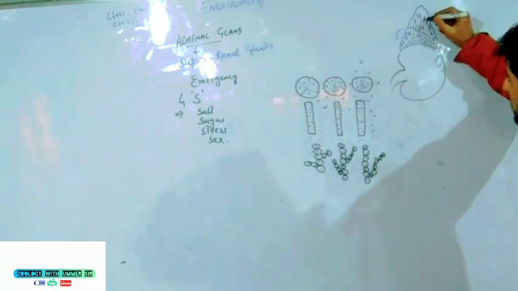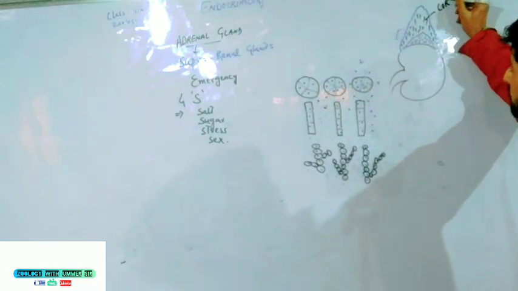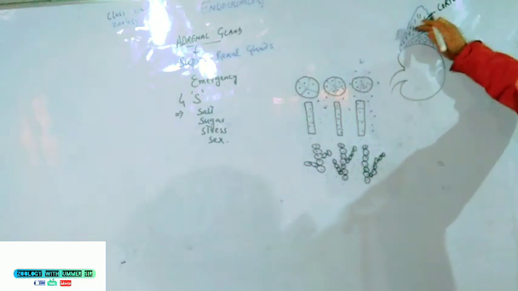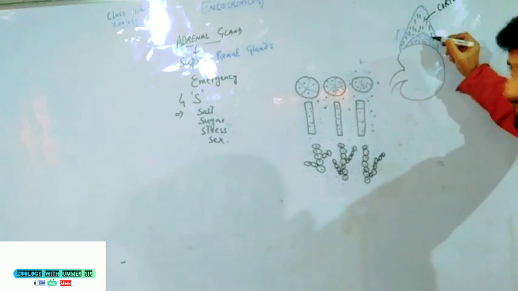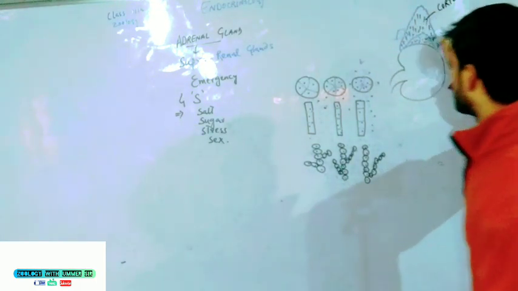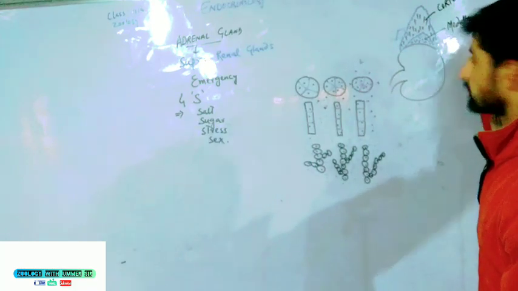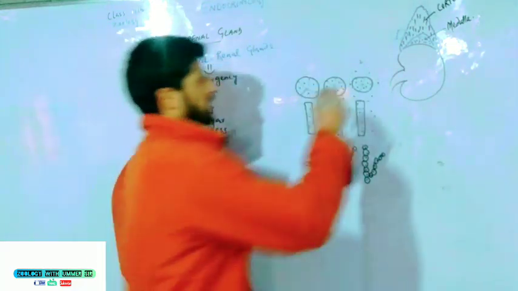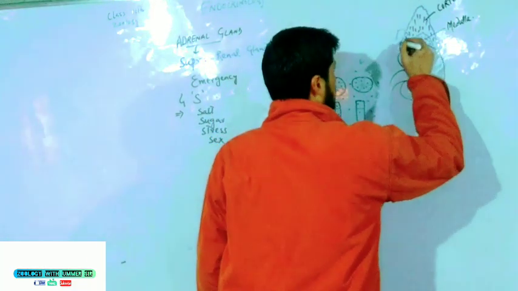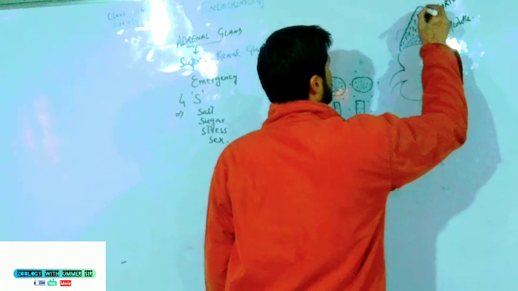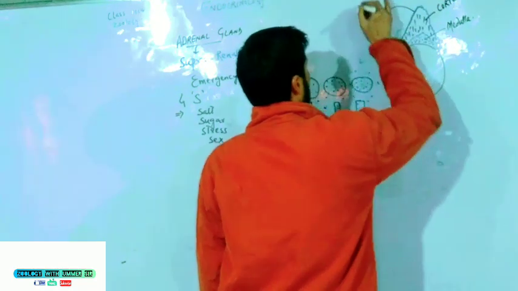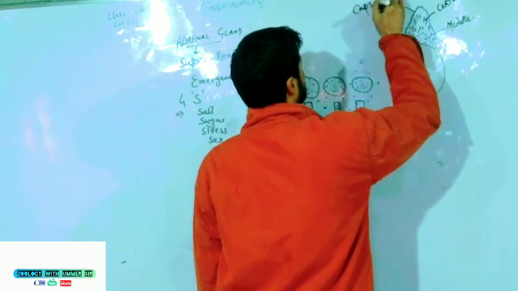First is the adrenal cortex, this region represented by your dots, and the second part is known as adrenal medulla. The adrenal cortex is covered by a special membrane, a special tissue that you call the adrenal capsule.